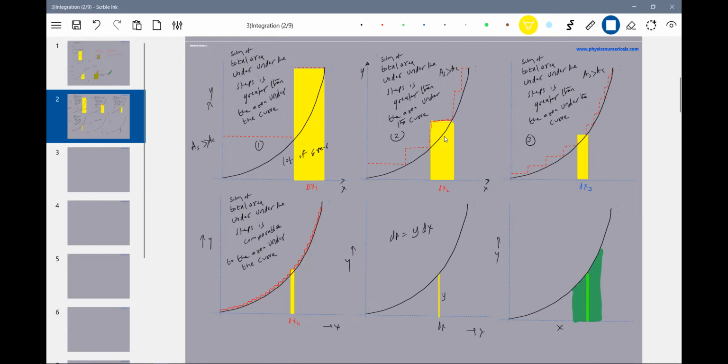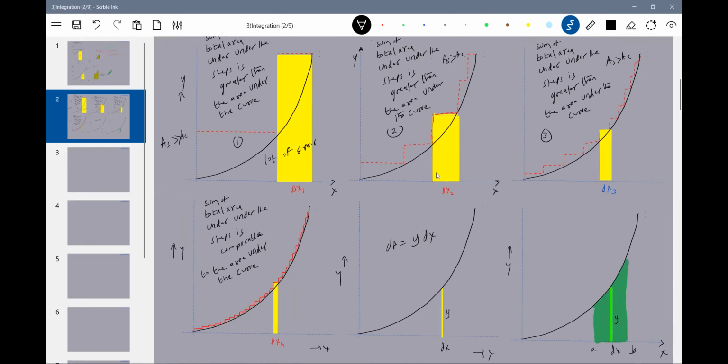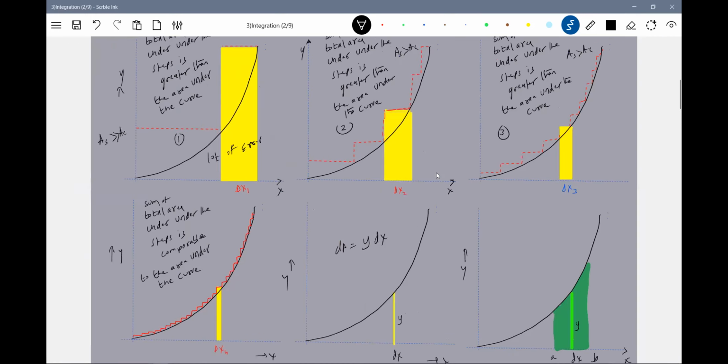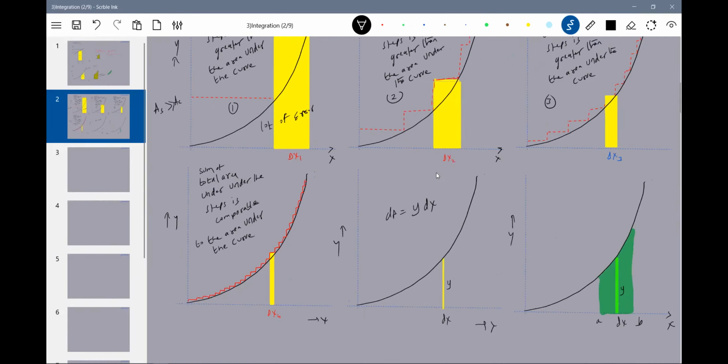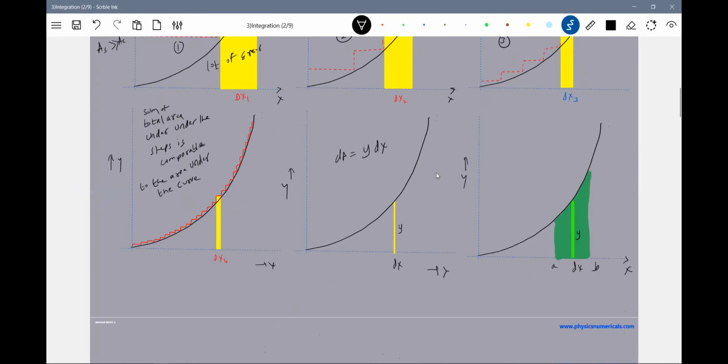I'll bring in a strip like this. Then what is this? This is equal to dx. This is y. So this is A, this is B. First, I'll calculate the area of that infinitesimal strip.